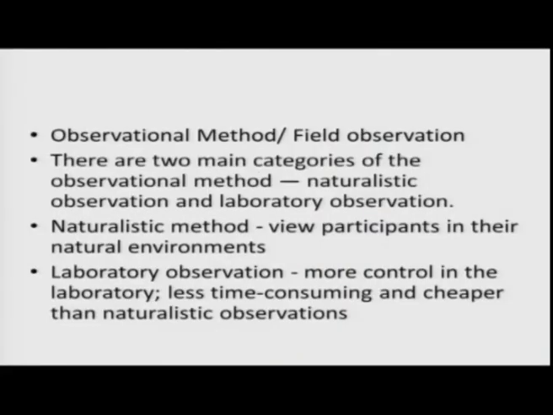This is not a casual observation, you plan it and you have in your mind what to look for. So, when you are observing you focus on those things. There are two main categories, one is called naturalistic observation and the second is laboratory observation. As the name suggests, there are key differences between them.